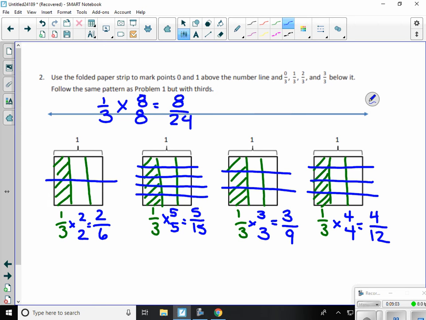No. He just went kind of extra with it. Now there will be some problems when we're adding and subtracting fractions that he may need to go larger like that, because when you're finding common denominators, you might have to go that high. So nothing wrong with that at all. Ma'am?